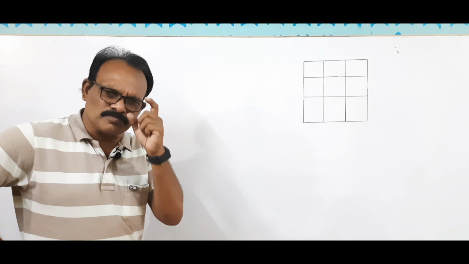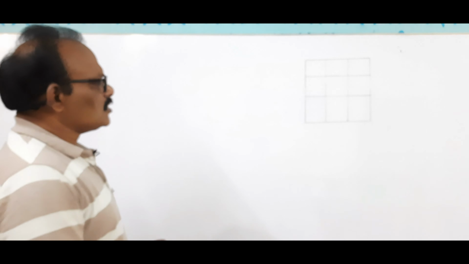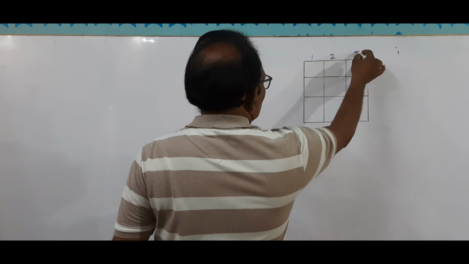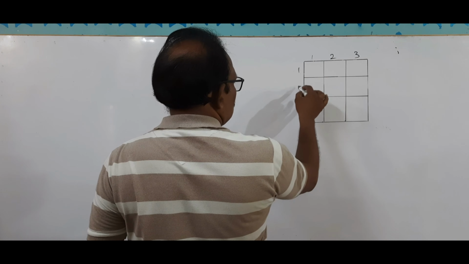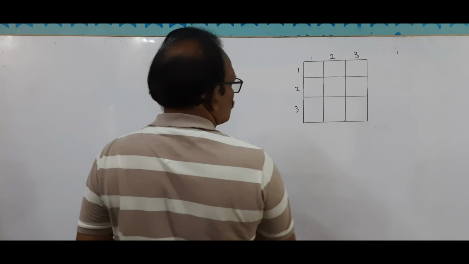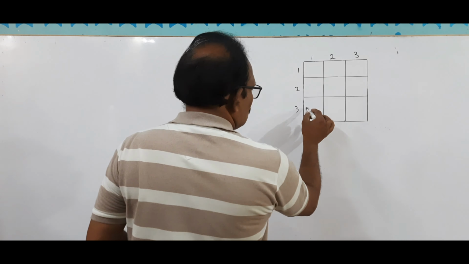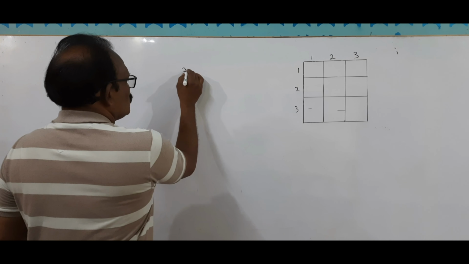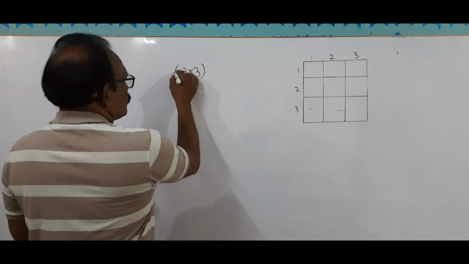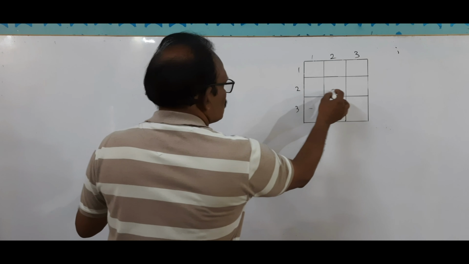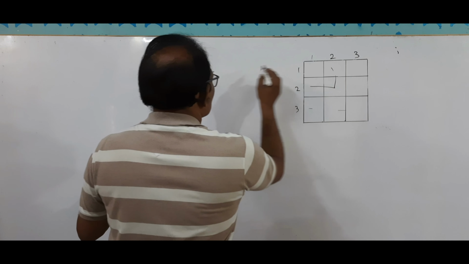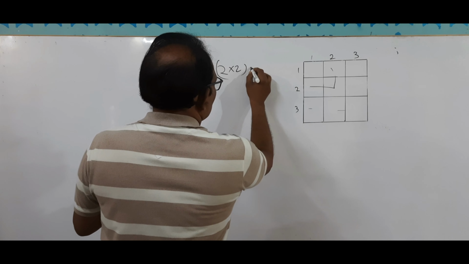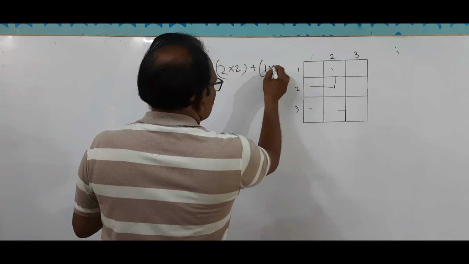A very simple trick. Just write 1, 2, 3. Here also 1, 2, 3. Now what you have to do is multiply this 3 into 3, plus again 2 into 2, and again 1 into 1.